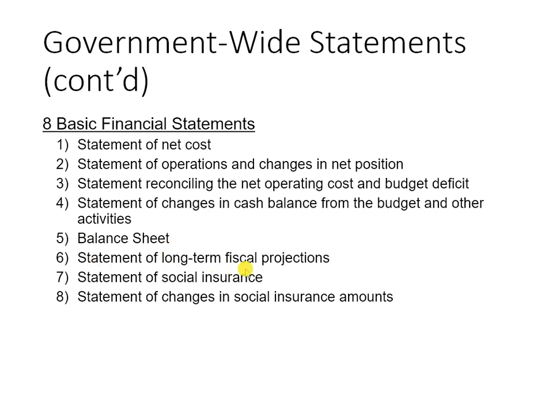The statement of long-term fiscal projections. Statement of social insurance. Statement of changes in social insurance amounts. So we're going to take a look at them one by one. Remember, these are financial statements for the federal government. For federal government agencies, they will be a little bit different, but very similar. We're going to talk about that later.